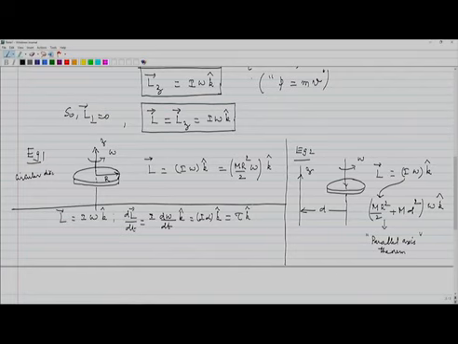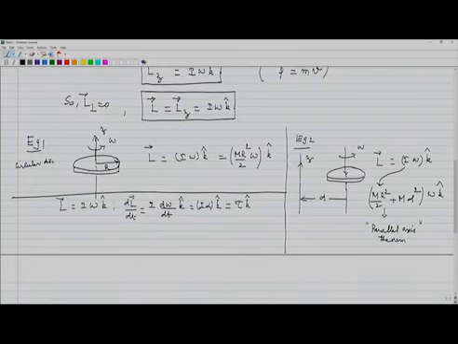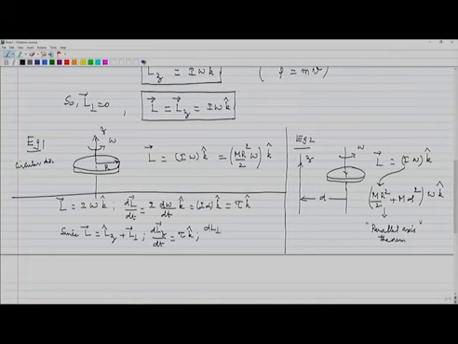Now since L is equal to Lz plus L perpendicular, what do we get? dLz by dt is equal to tau times k, and dL perpendicular by dt is equal to 0.